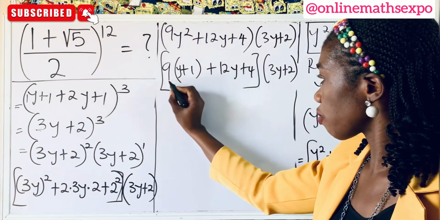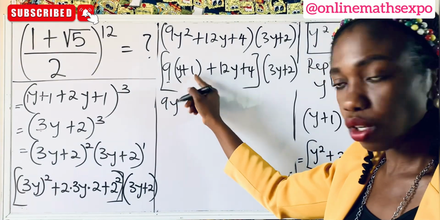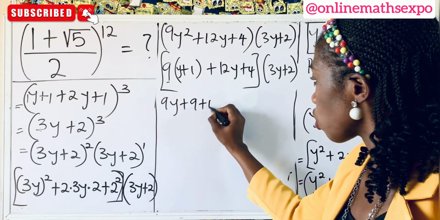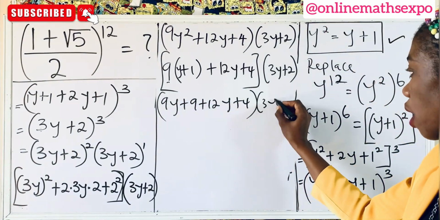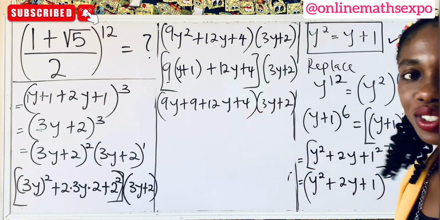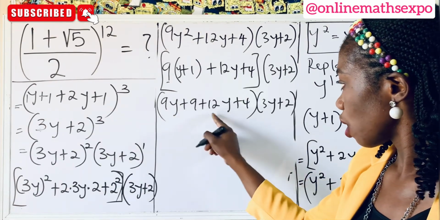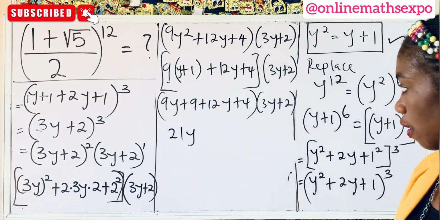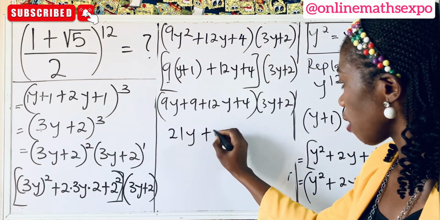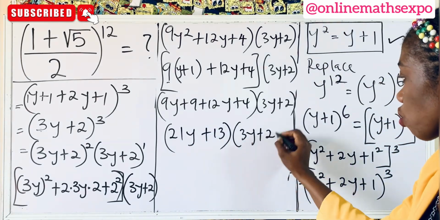Let's simplify: 9 multiplies y to give us 9y, and 9 multiplies 1 to give us 9, plus 12y plus 4 into (3y plus 2). We can add this to give us 21y, and adding these gives 13, into (3y plus 2).